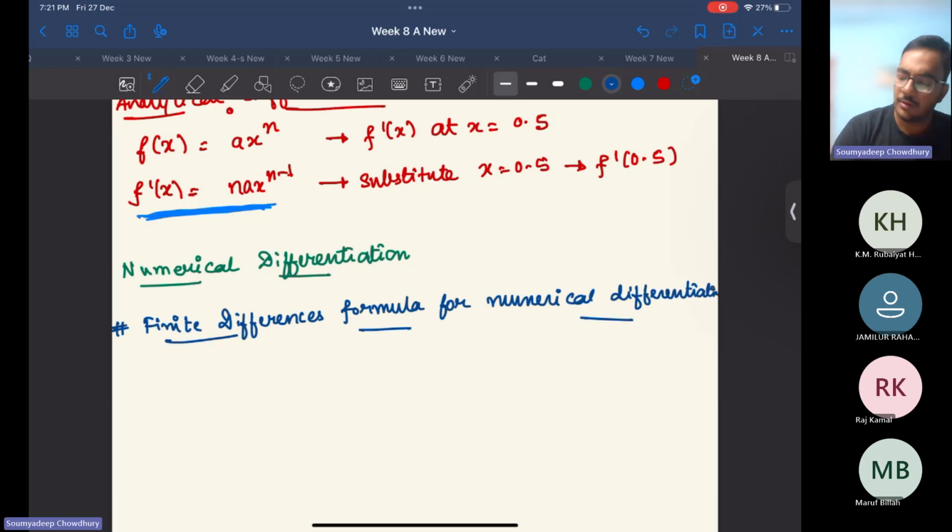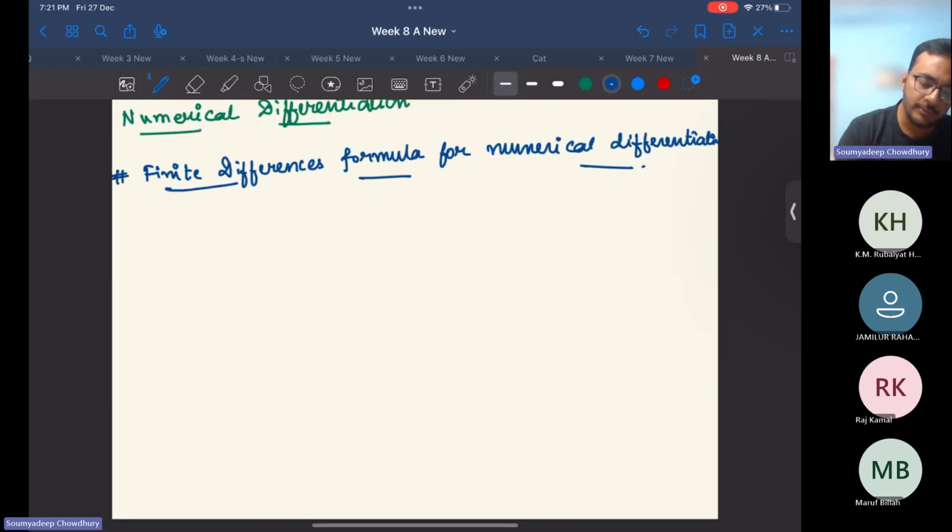So when we want to find the first order derivative of a particular function, say dy by dx, what is the meaning of this? It is the ratio of a small change in y for a small change in x. So we can represent it as del y by del x, right?